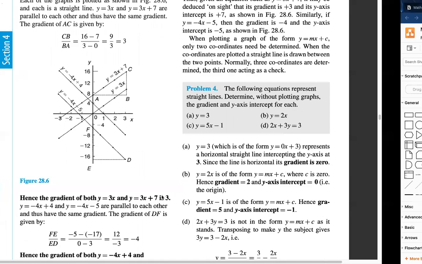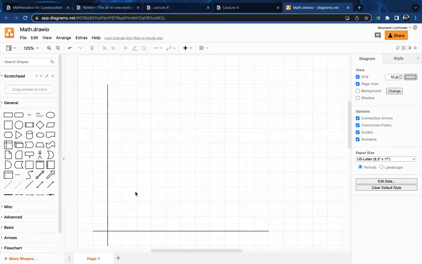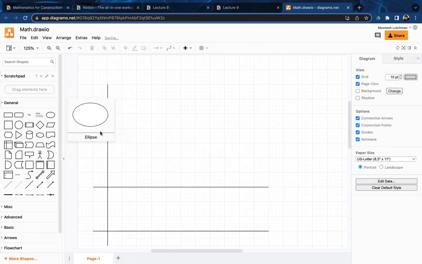All right, this line here, y equals 3. If we assume the big squares are 1 unit, right? That's a horizontal line running like this at 3. This is the line y equals 3, because these big squares represent 1 unit.